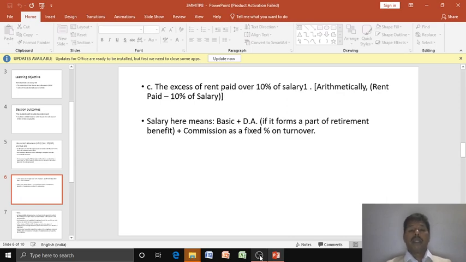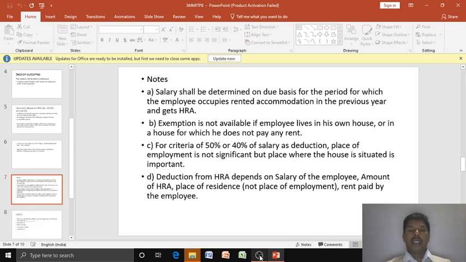And you have to deduct 10% of salary. So first we have to compute the salary for this purpose by considering the above points that I have said in this session. Now, what are the important or key aspects we have to remember while computing HRA?